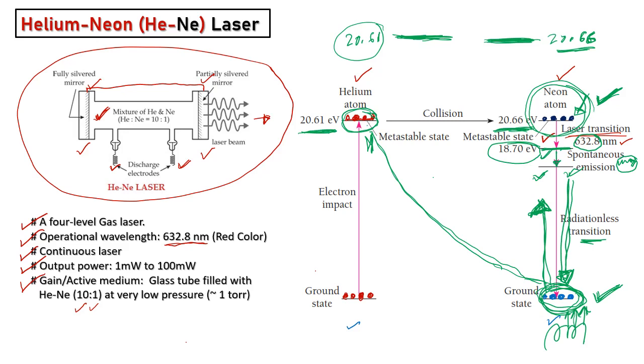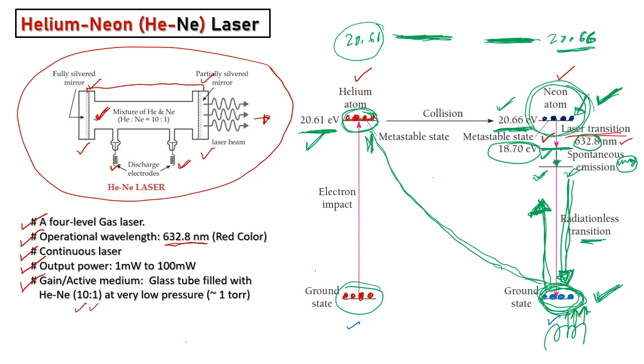So when we supply energy to the ground state of the helium-neon system, the atoms in the ground state of helium go to an excited state, which is basically the metastable state of 20.61 electron volt and 20.66 electron volt.